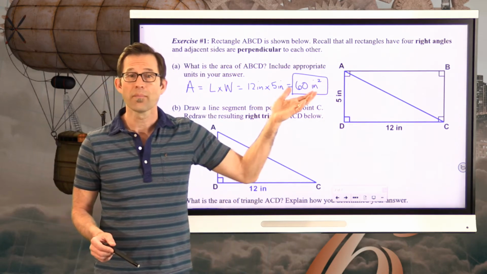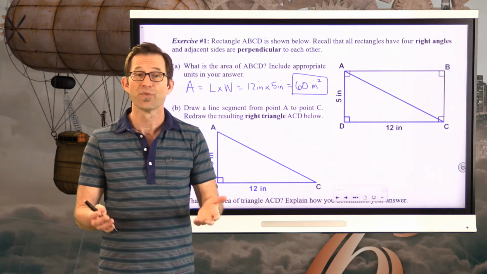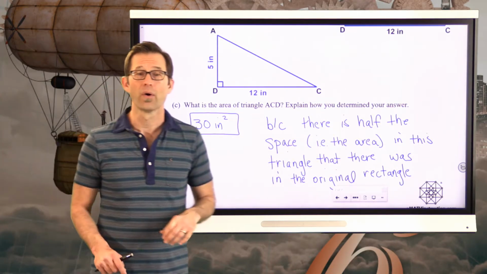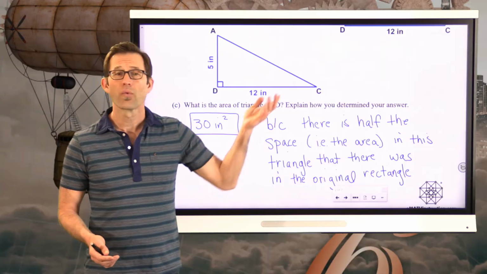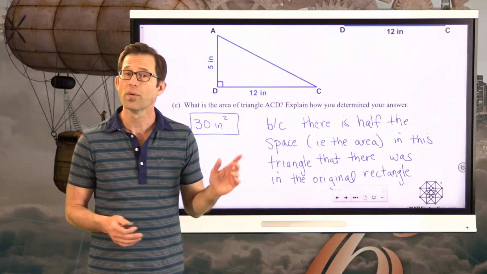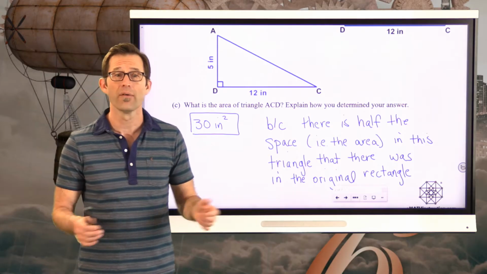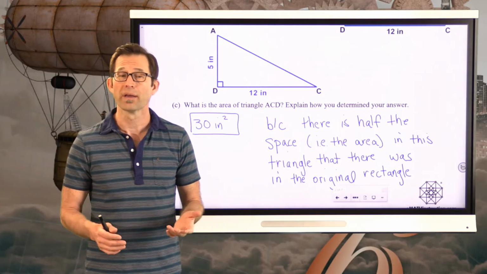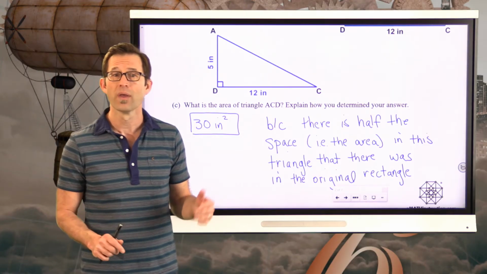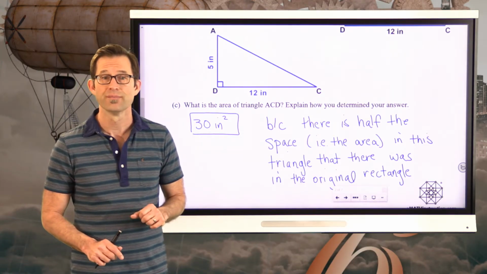So I can simply take my 60 square inches, divide by 2, and I find the area of my right triangle being 30 square inches. Right triangles are simply half rectangles. That's all they are. So it makes a lot of sense to take the area of the original rectangle, divide it by 2, or multiply by 1/2, whichever one you want to think about, to get my 30 square inches.